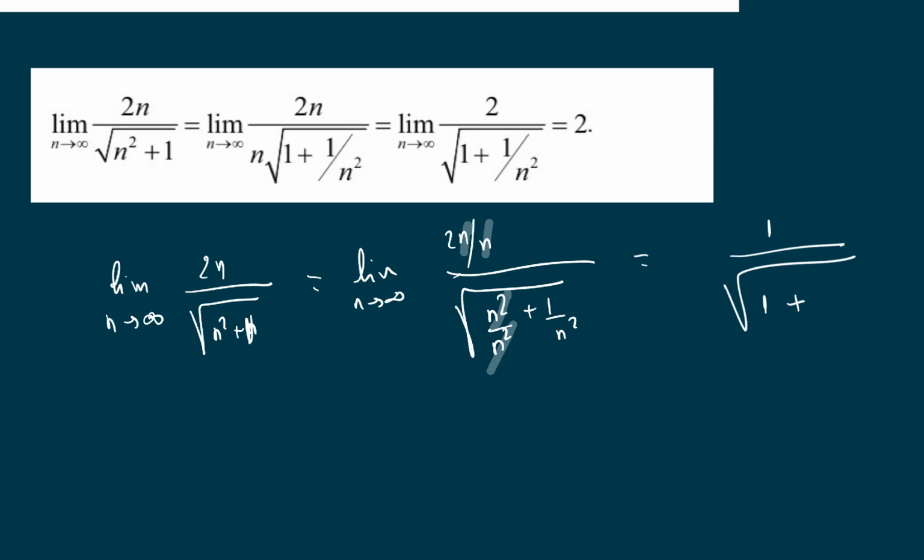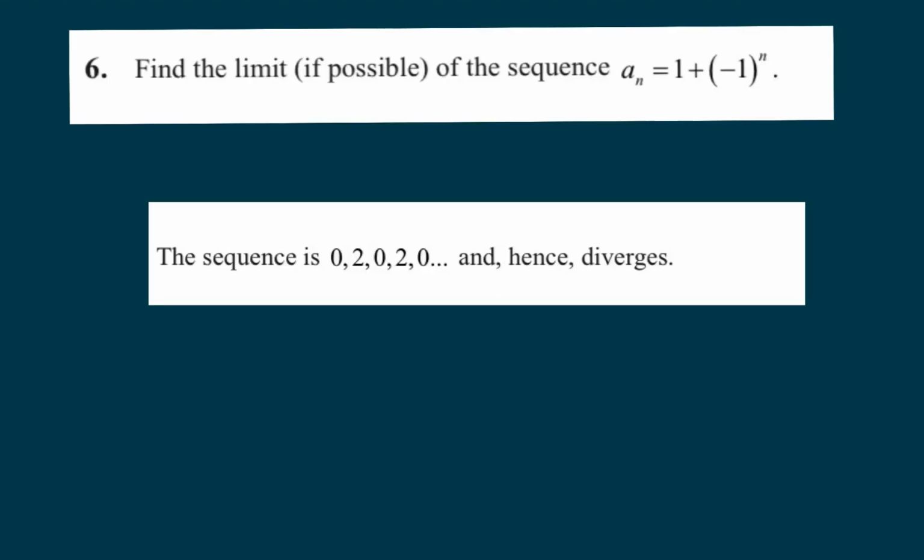So the limit will be 2 times 1 divided by the square root of 1, which is 2. And this is the limit. Let's go to the next problem.